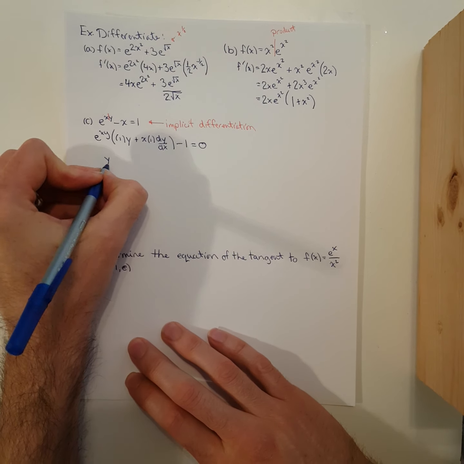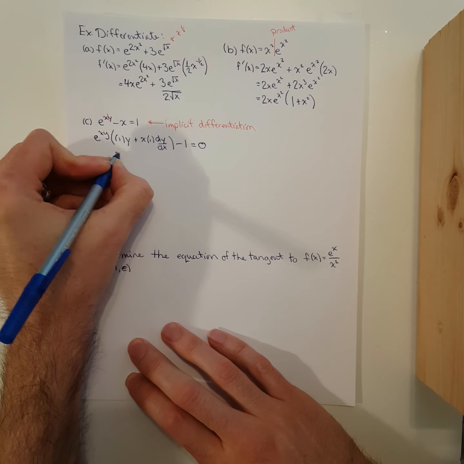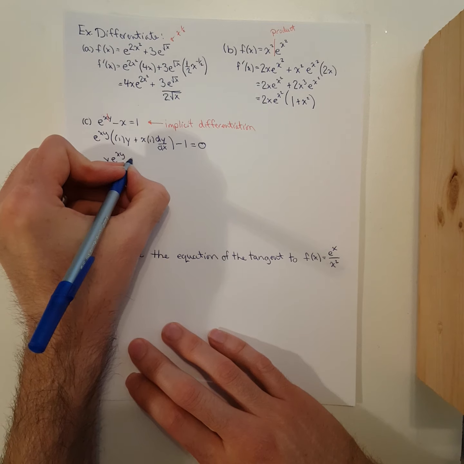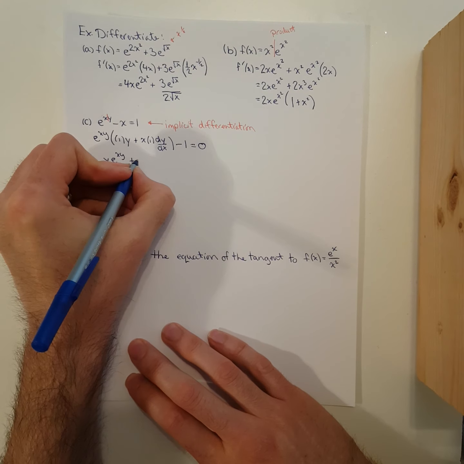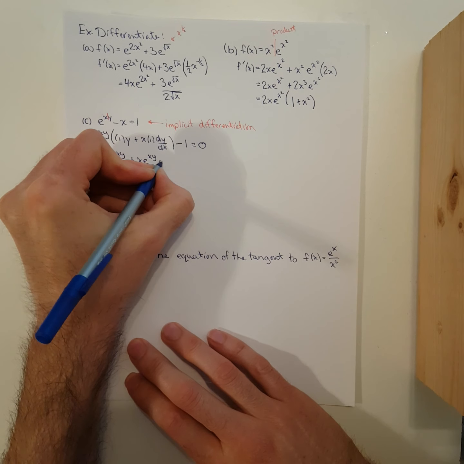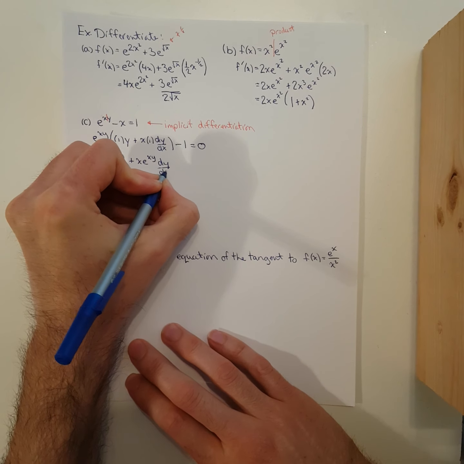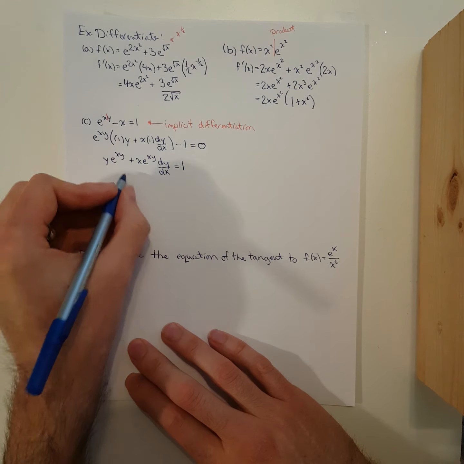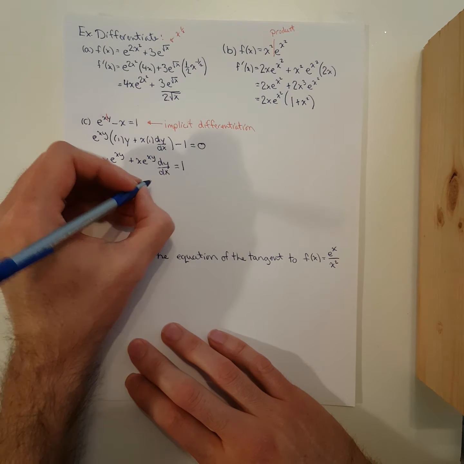Again, I'm going to put the y first and then the exponential function second. So y times e to the exponent xy. Similarly here, we have x times e to the exponent xy dy by dx equals 1. We can move this term to the right-hand side as well.